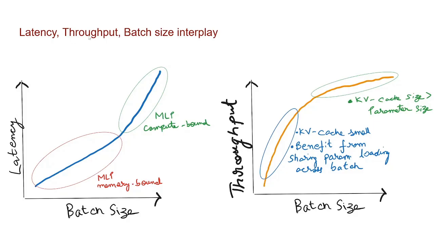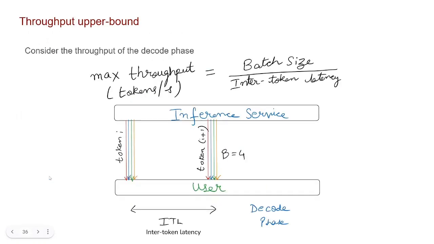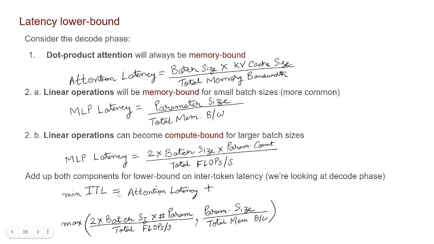If we plot the latency and throughput with respect to batch size, we observe something like this. So let's go back to this equation, the inter-token latency. For smaller batch sizes, the linear operation is memory bound, so we consider this factor. The attention latency increases linearly with the batch size.